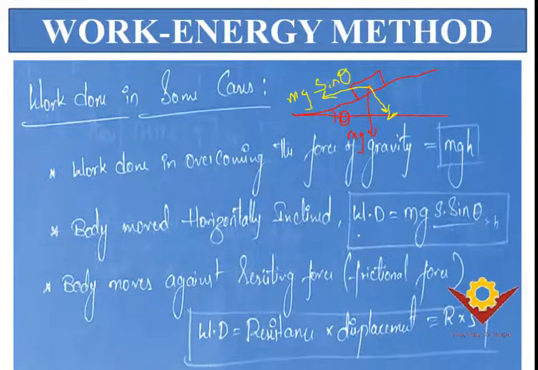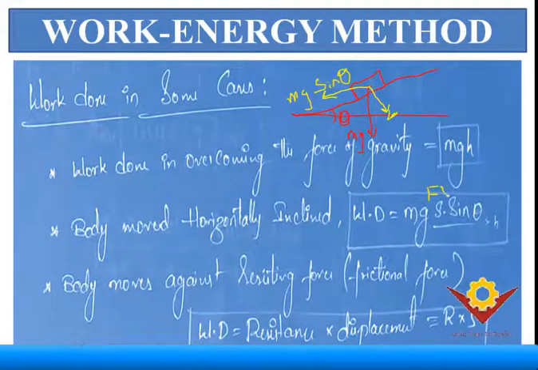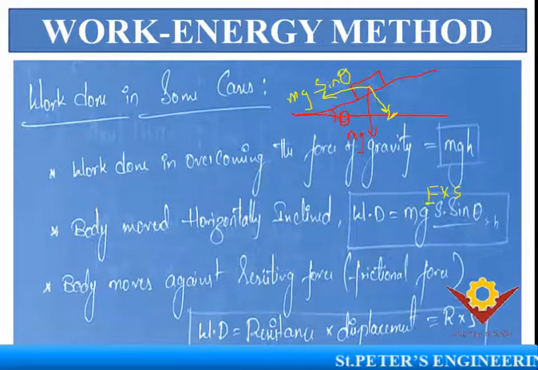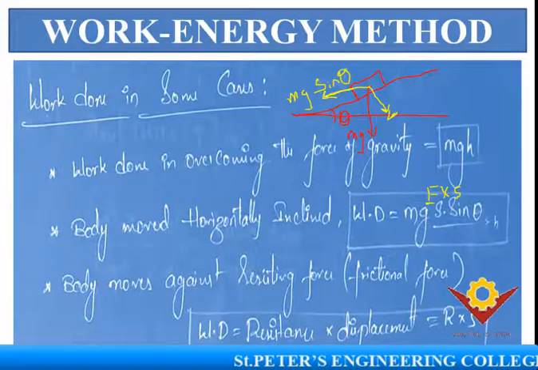And the work done here is mg sin theta into s. Okay, how did you get this mg sin theta? Work done is force into displacement, right? The equation is force into displacement. What is the force that is acting downwards?